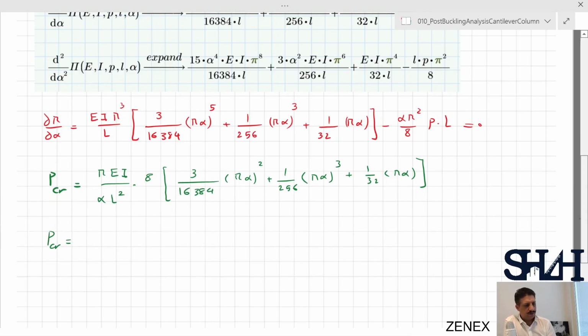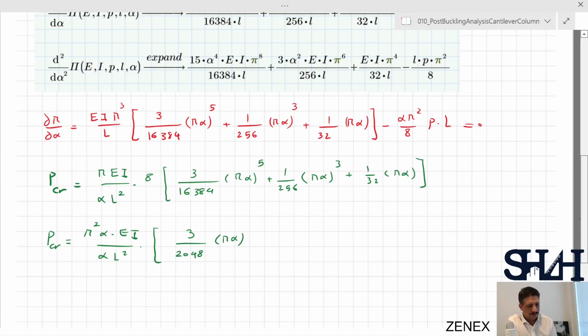So P critical will be pi squared alpha EI over alpha L power by 2. And I can just multiply 8 by 16,384 divided by 8. So it will be 3 over 2048 pi alpha power by, okay, it was 5.